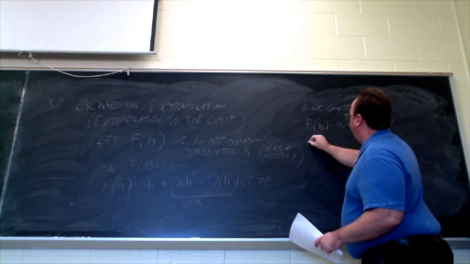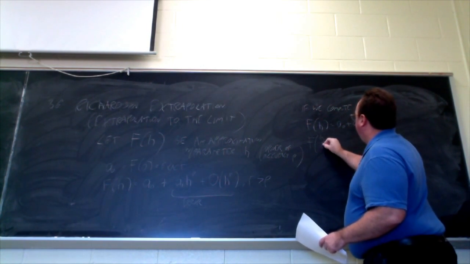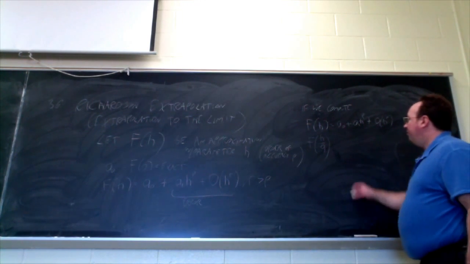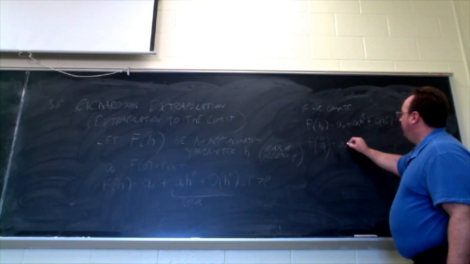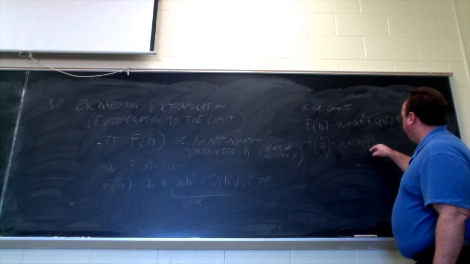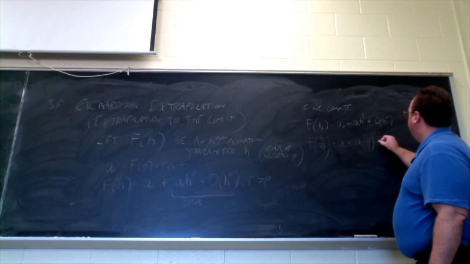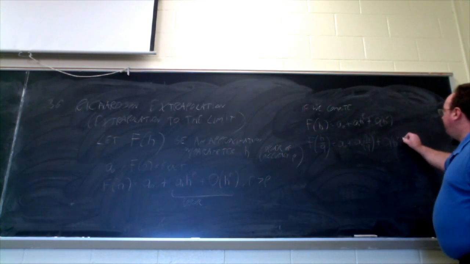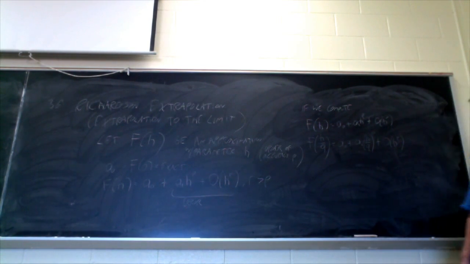And then I compute a second approximation. So I reduce h by a factor of q. So maybe, for instance, q is 2. That's what it usually is in examples. So we have the exact value, and then this error term, which would be this spacing raised to the p power. And then what's left is still going to be proportional to h to the r. Now the constant of proportionality is different, but the point is it's something h to the r.